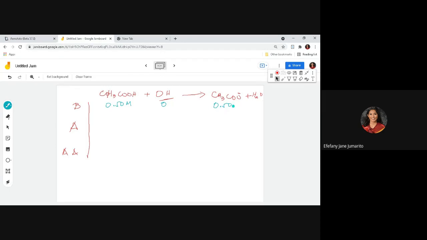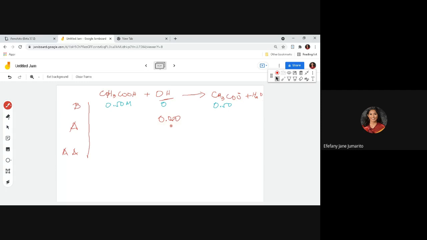Okay, 0.50. And then you add, what do you add? You add 0.020. We have that one, 0.020.